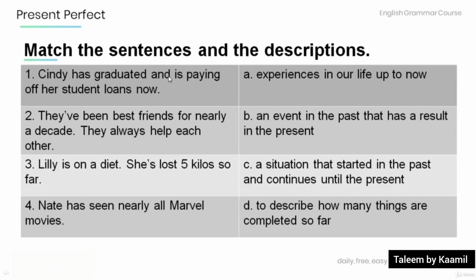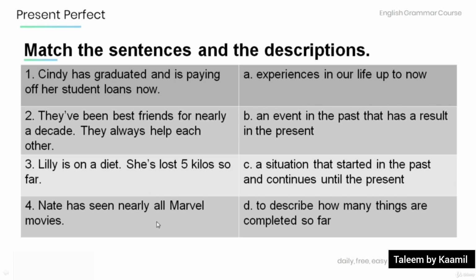And now, time for you to practice on your own. Match the sentences below and the descriptions. 1. Cindy has graduated and is paying off her student loans now. 2. They've been best friends for nearly a decade. They always help each other. 3. Lily is on a diet. She's lost 5 kilos so far. 4.